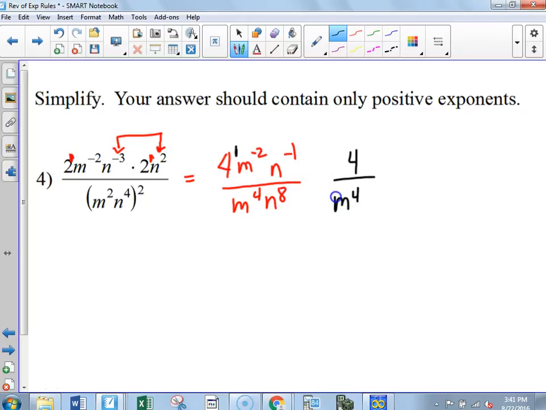Now, there was 4 m's and an n to the 8th down there, and we're moving an m squared and an n to the 1, because when these move to the bottom, they cross the line, change the sign. So we end up with a total of 6 m's and 9 n's down there. I definitely could have done that one in a different order, so try it yourself a different way if you want, and it should come out the same answer.